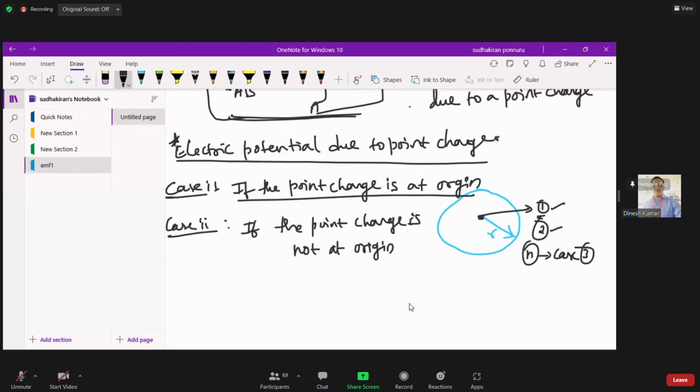And finally the last case: we are going to apply the concept of case 1 and case 2 for n number of point charges. So these are the three cases, and we are going to see them one by one.